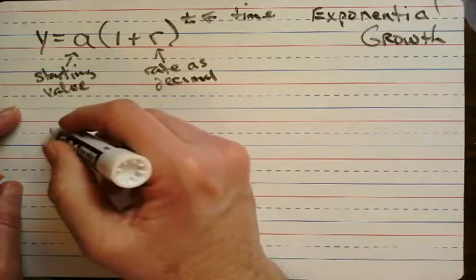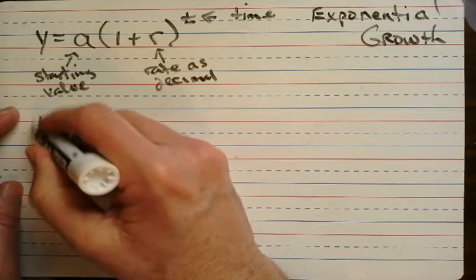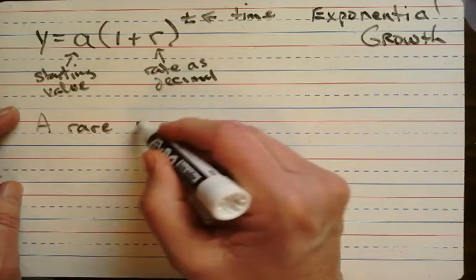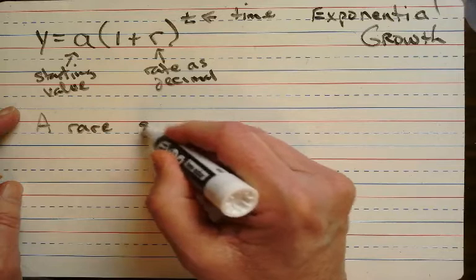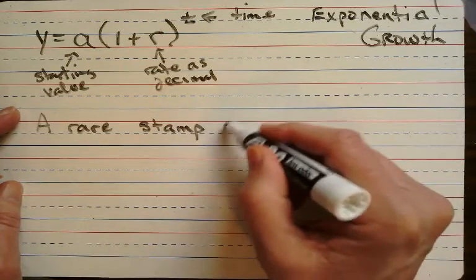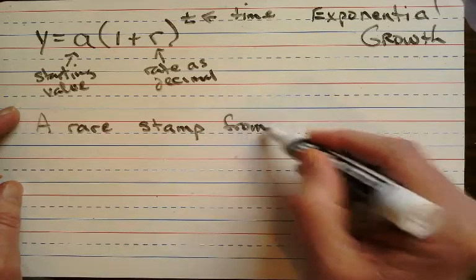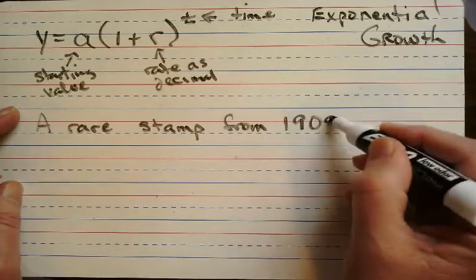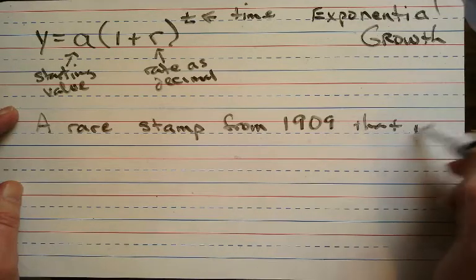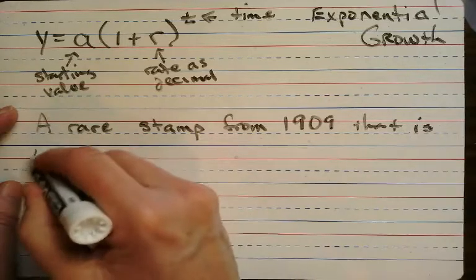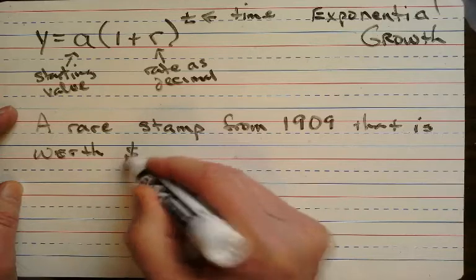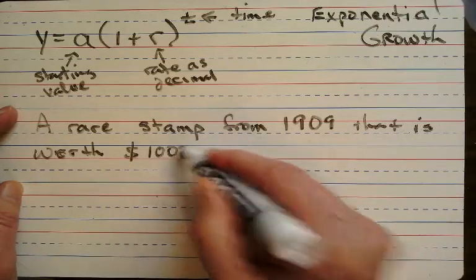So, what kind of problem could we have? We got a rare U.S. Post Office stamp from 1909 that is worth $1,000 today.